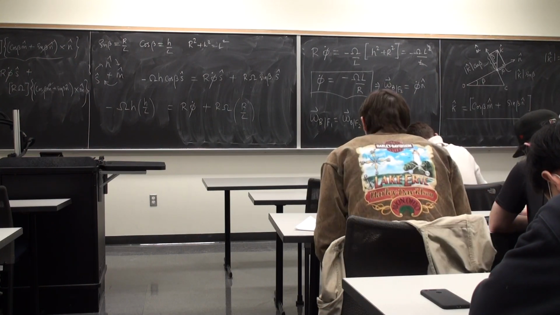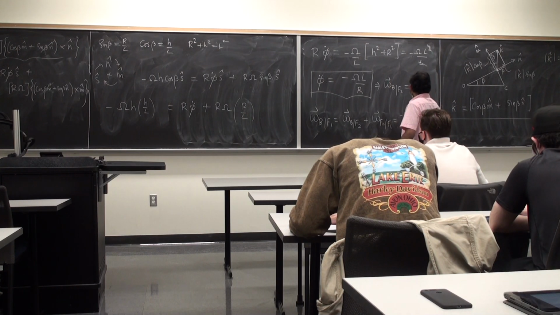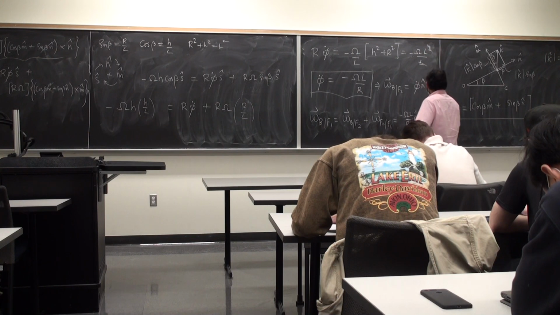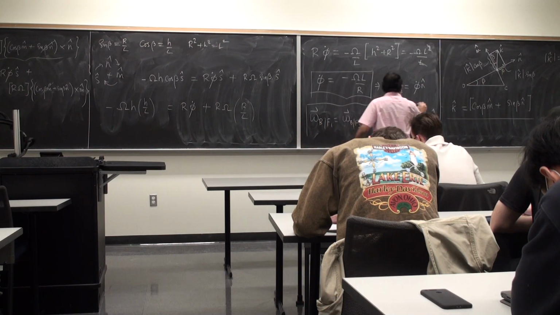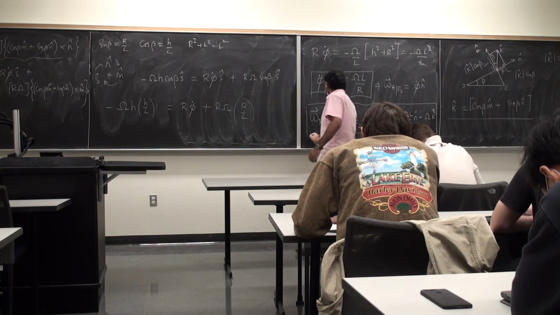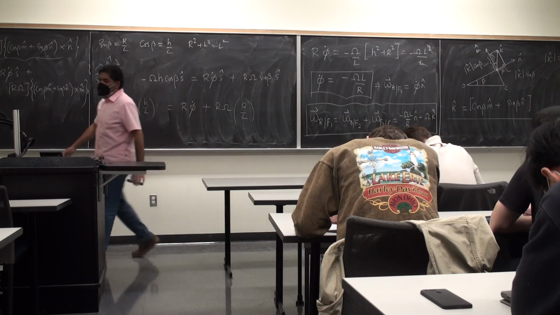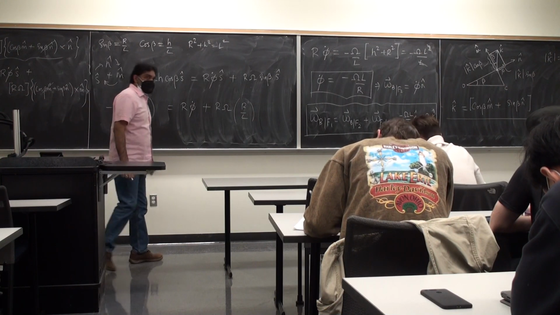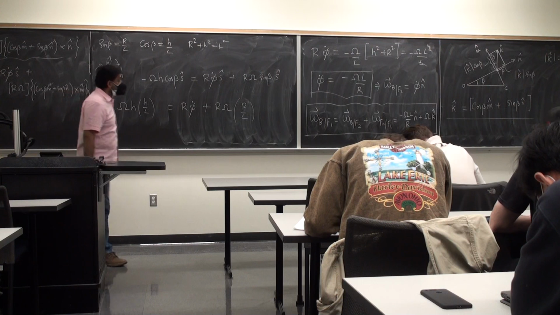You write it out, this is omega minus omega L by R in the n hat, and then capital omega k hat. This is the net angular velocity of the body with respect to a fixed observer or an inertial observer.